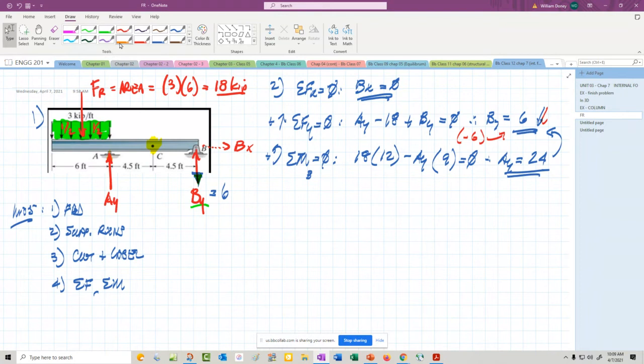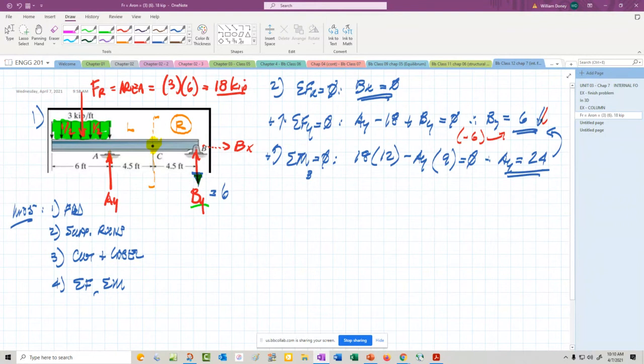All right, at this point, we're going to section at C. Now, looking at the two sections, to the left of that orange line at C and to the right of that orange line, the left cut versus the right cut. I hope you would agree the right cut has a lot less going on.